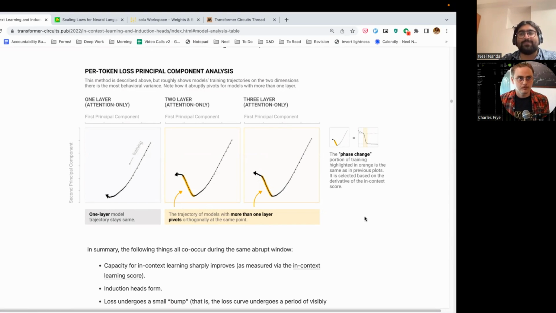Often what I found when I'm doing PCA on things is that if there's one thing that matters, and another thing that matters, but they're a little bit correlated, like in the Grokking case, the memorization versus generalization thing, you actually tend to get a component that's the difference between the two, or something. It picks out what matters, but it doesn't necessarily pick it out in an exactly axis-aligned way.